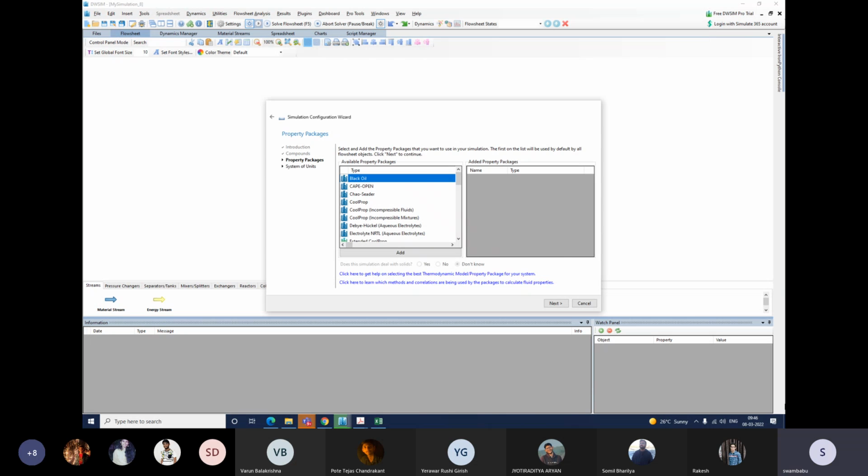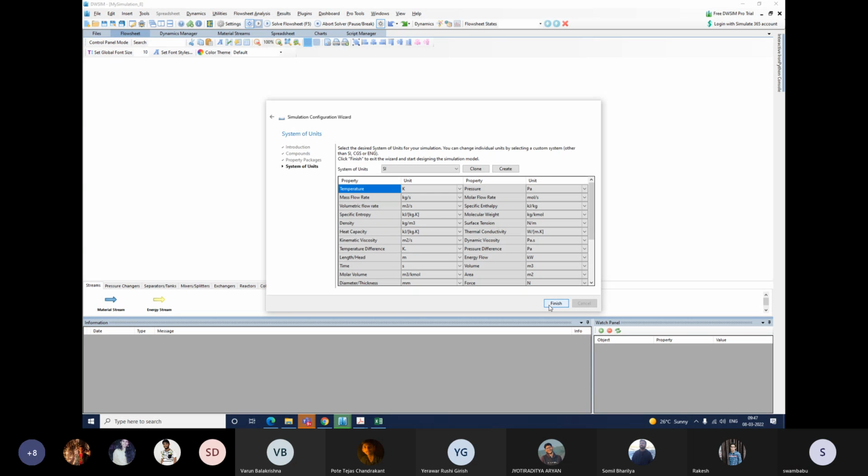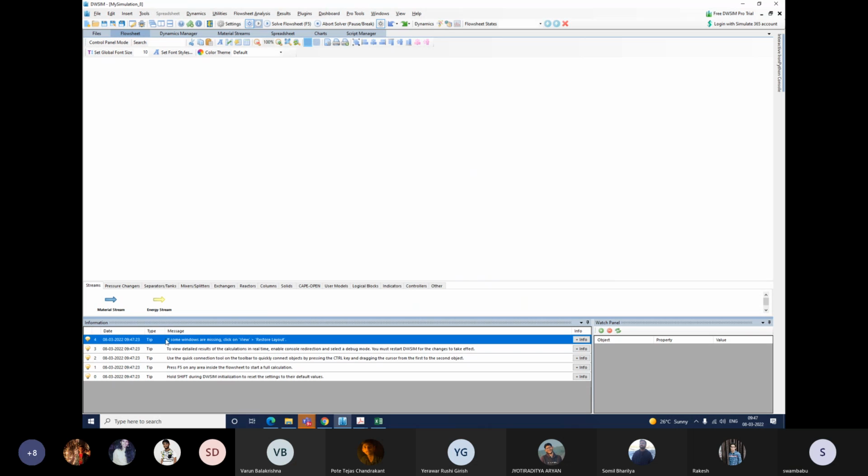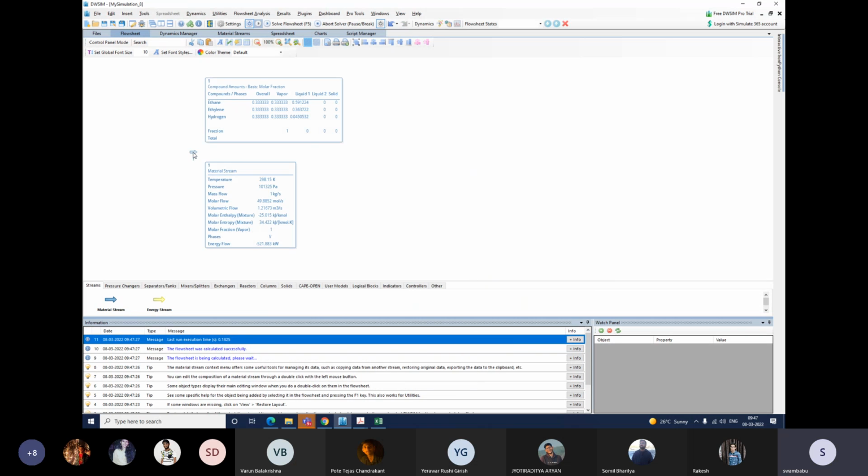Peng-Robinson or SRK or Lee-Kesler. Since we used Peng-Robinson last time, I'll just use SRK Advanced. Finish it. So the material stream that goes inside.